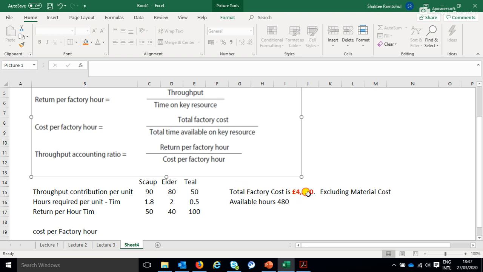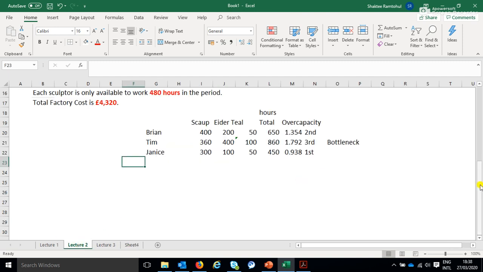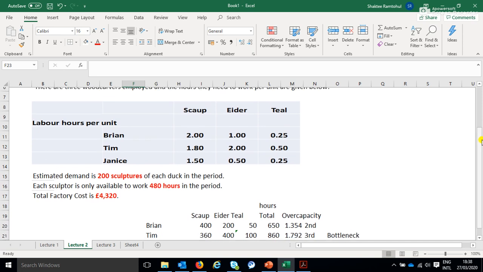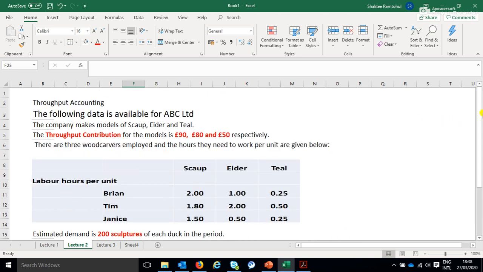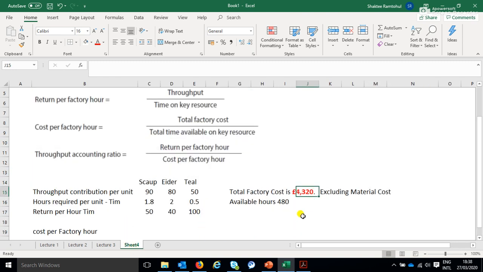So total factory costs in our question is 4320. It's the same, I've just copied. Taking you back to the question, total factory costs is 4320, and the available hours for each worker was 480. So I've again replicated that here.